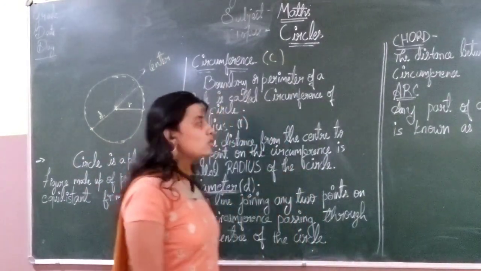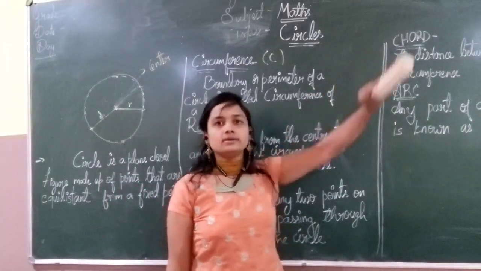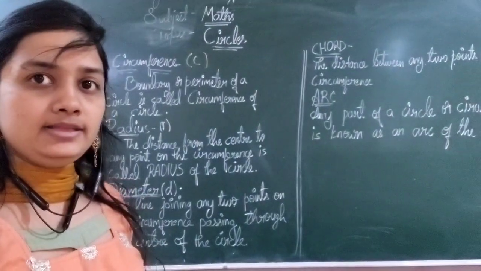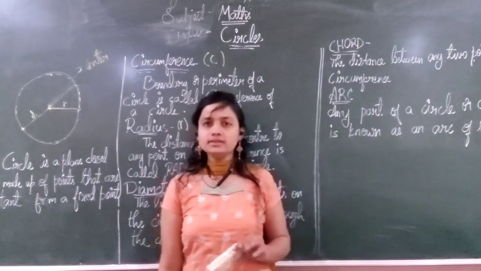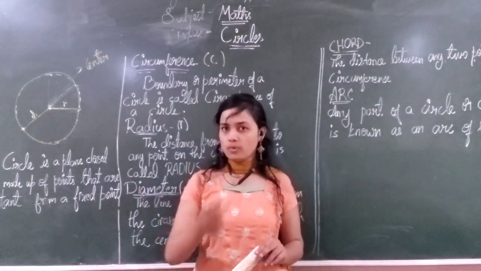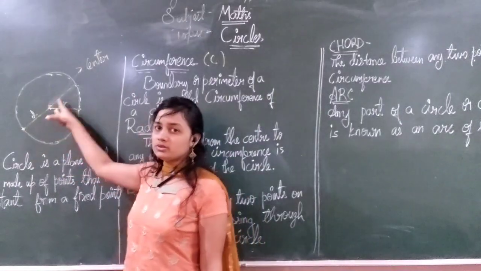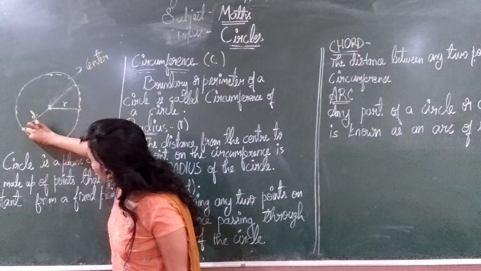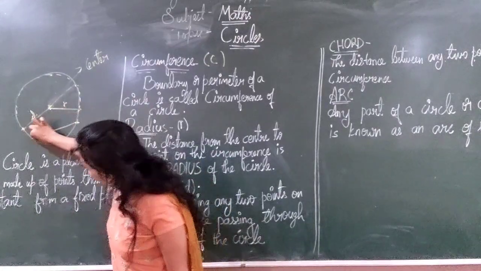Now next we go for chord. Chord is also a line joining 2 points on the circumference. Just like how diameter joins 2 points here on the circumference, a chord also is a line joining 2 points on the circumference. Here and here.